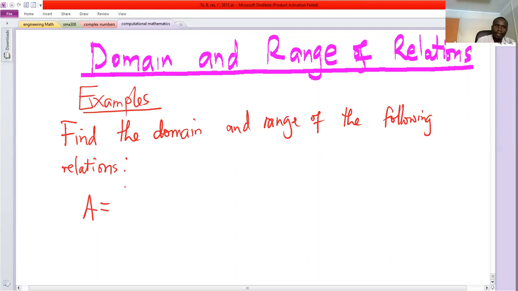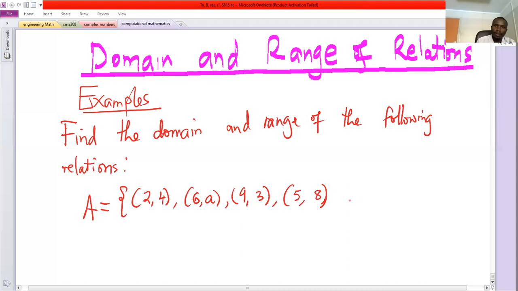So A: (2, 4), (6, a), (9, 3), (5, 8), and (-2, -6).